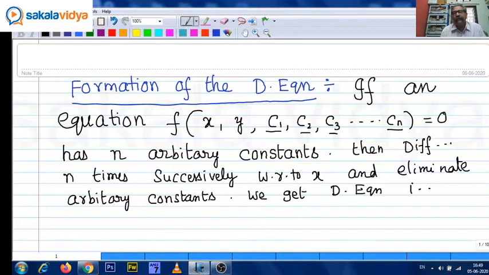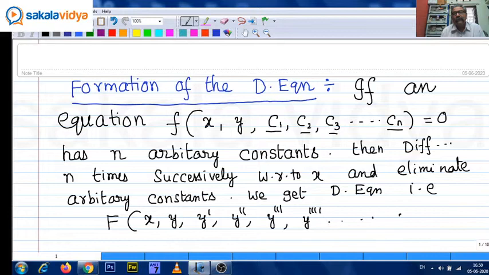That is in the form of, generally you say, capital F of x comma y, y dash, dy by dx, y double dash, y triple dash or y4 dash and so on, yn, the nth derivative equals to 0. That means actually here we get nth order differential equation.